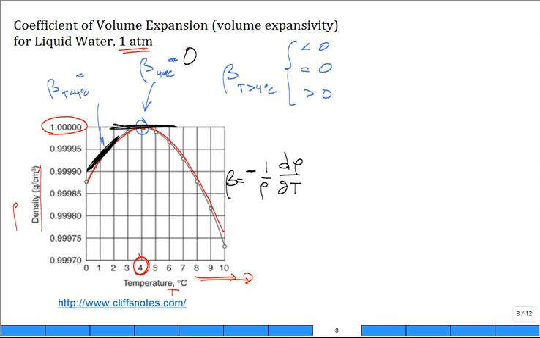So beta, how it expands on increasing temperature, will be negative here, and then positive when the temperature is greater. So it's kind of funny about liquid water. Most liquids don't do that. They just have a positive volume expansion coefficient.